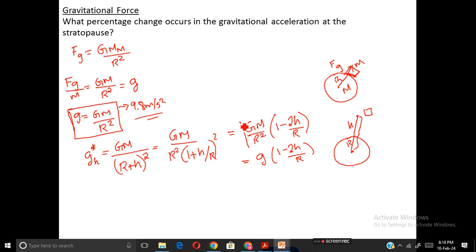G M by r square is the acceleration due to gravity at the surface, right? So the acceleration due to gravity at a height h is given by g star h is equal to g into (1 minus 2h by r).